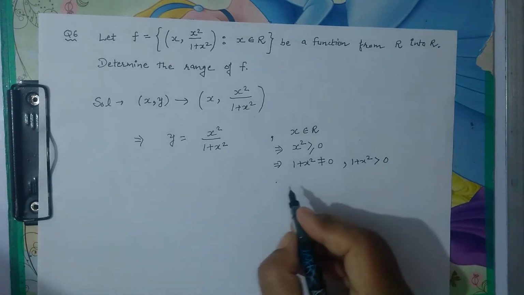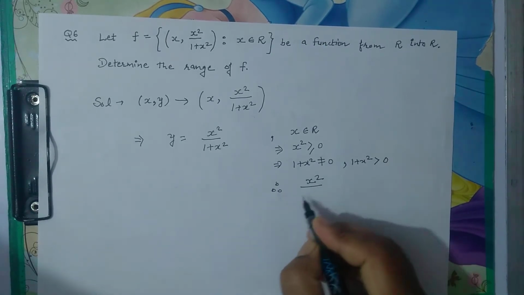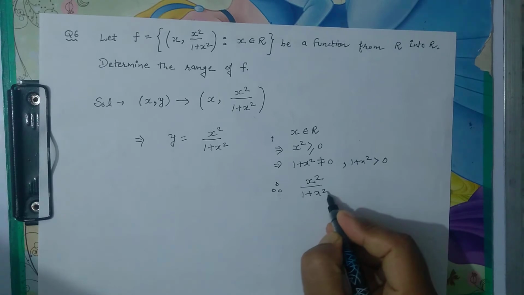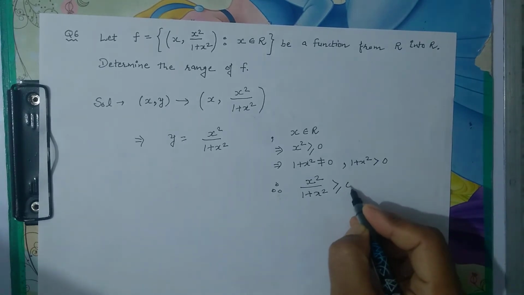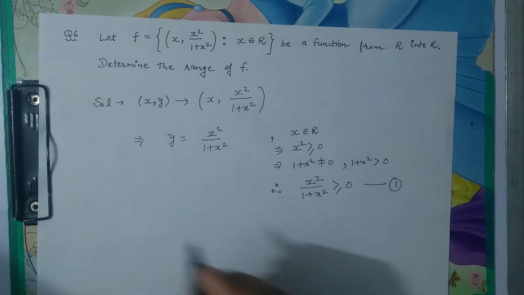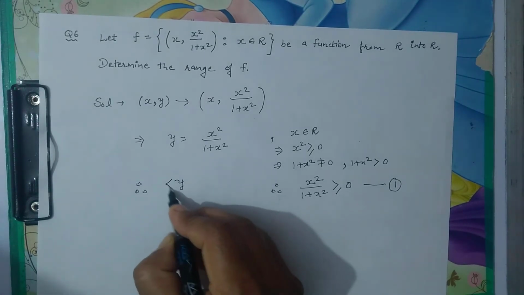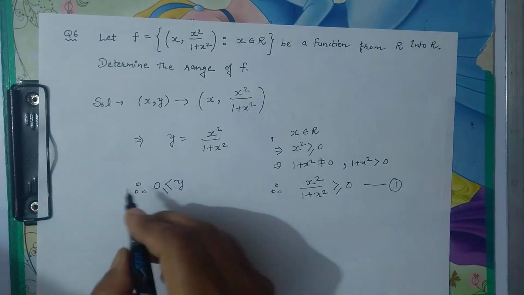So what is the conclusion? Conclusion is x square upon 1 plus x square is greater than or equal to 0. This is number 1. So what we can say here, y is greater than or equal to 0.